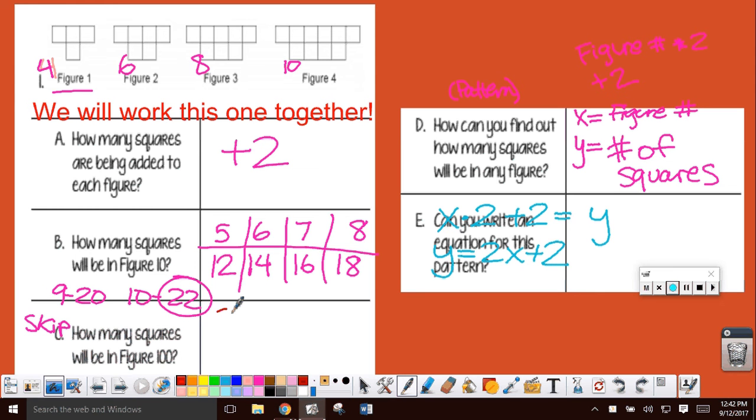So we could do 2 times the figure number, which is 100, and then add 2. So 2 times 100 is 200, plus 2 is 202.